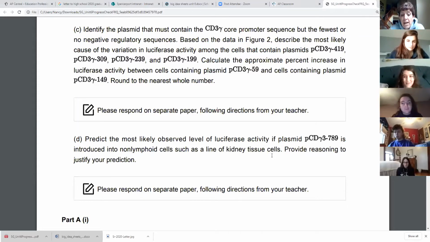Yeah. If you use a different cell, it's probably not going to work because it doesn't have the same transcription factors. It might not have the same signal transduction pathway with the right receptors to give you the transcription factor. The transcription factors are what's going to control your regulatory molecules and if they work or don't work. So I would say if you try to put it in another cell, it's not going to work.